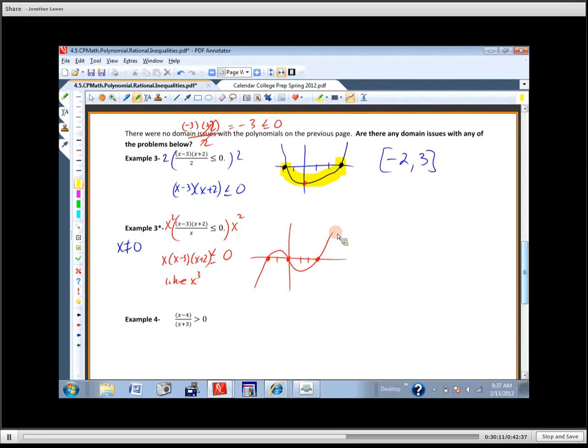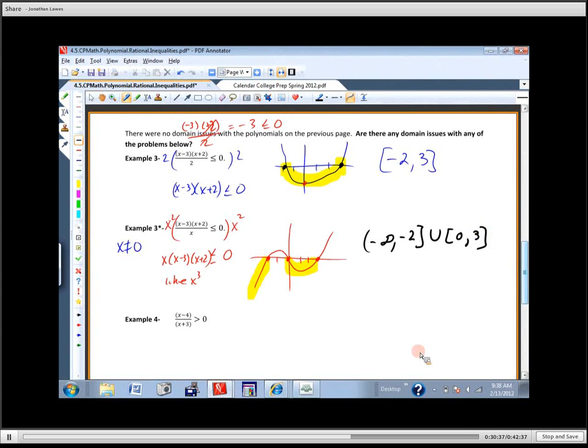If we say equal to 0, that means on the x-axis. So we want everything that's below or on the x-axis. So that's this piece and this piece right here. So let's write down the answer. The answer is negative infinity all the way to negative 2. And then again from start up at 0 and go to 3.